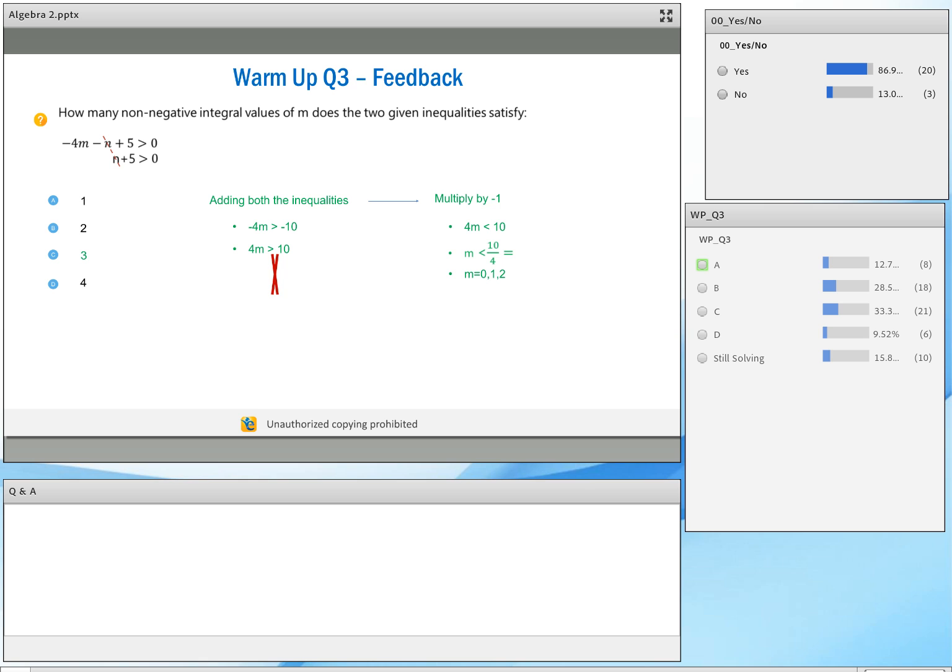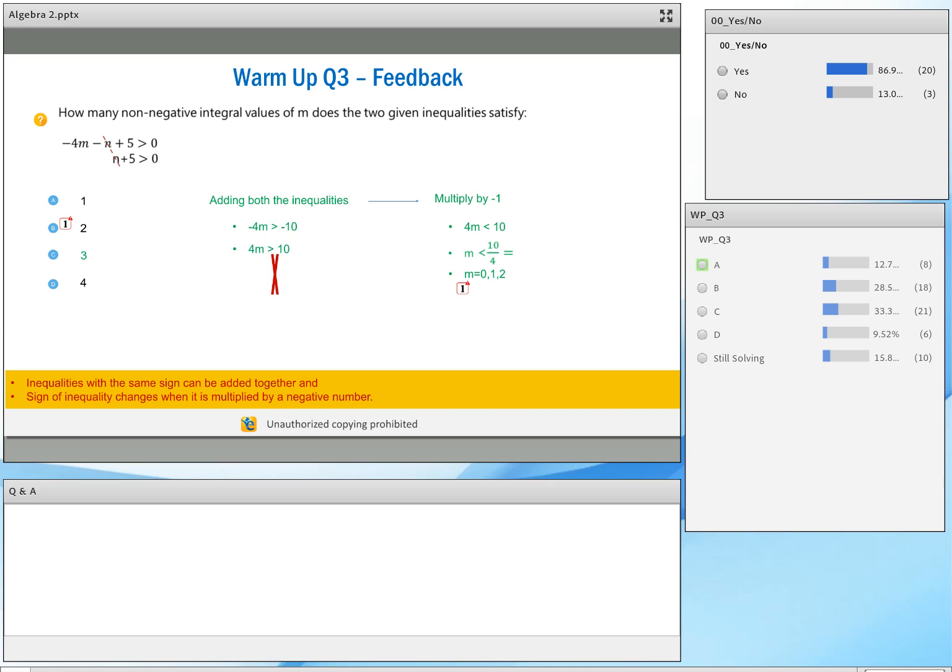The second thing is, when you figure out m is less than 10 by 4, how many non-negative integral values are possible? And over here, 0 is a non-negative number. Those of you who selected choice B probably did not consider 0 as a non-negative integer, and that is why you got this question wrong.